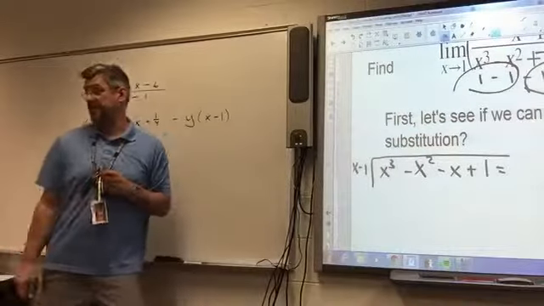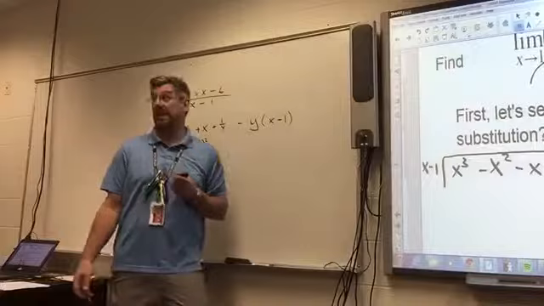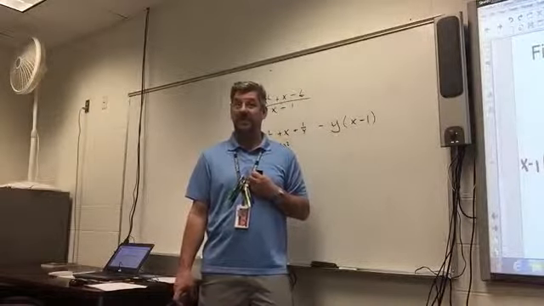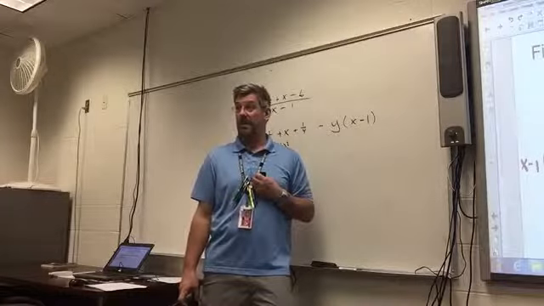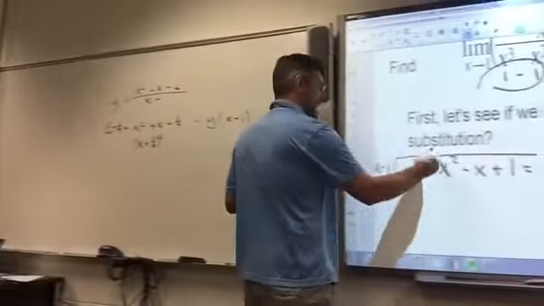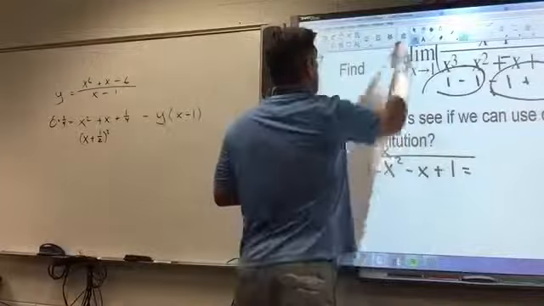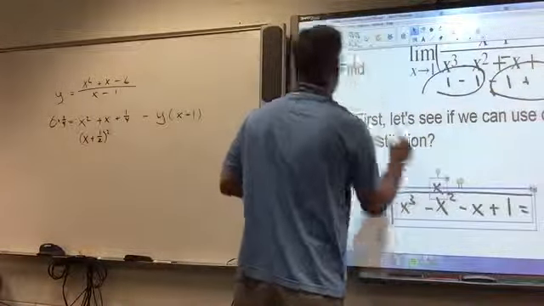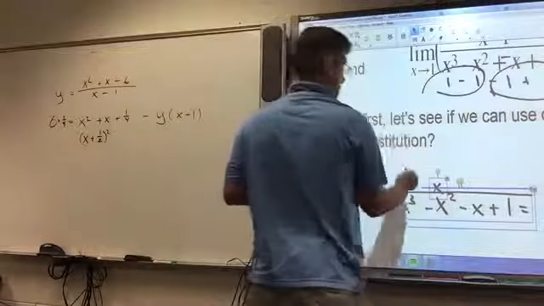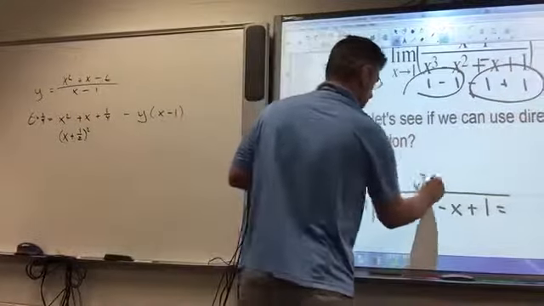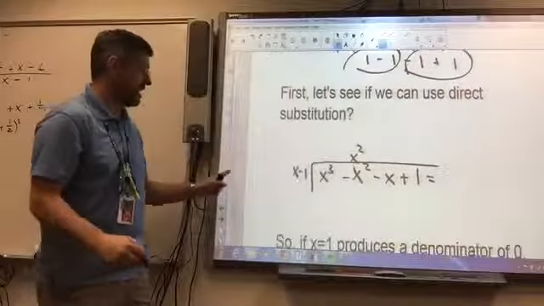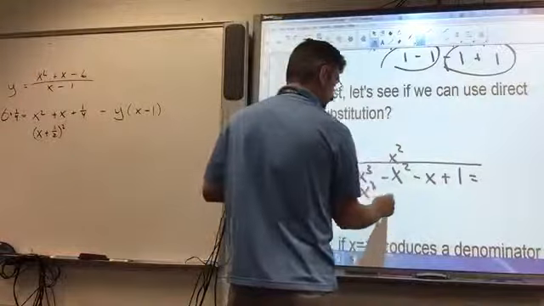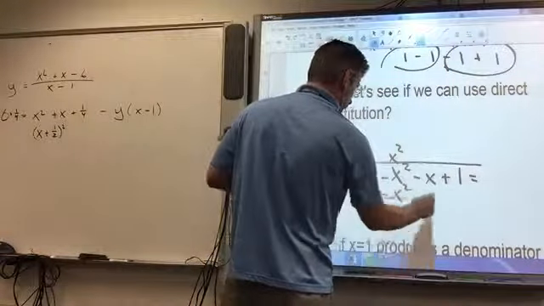How many times? X squared times. So x squared times x gets me x cubed. X squared times negative 1 gets me negative x squared.